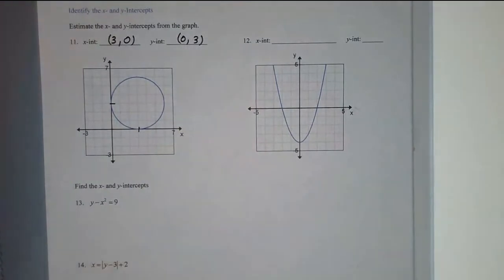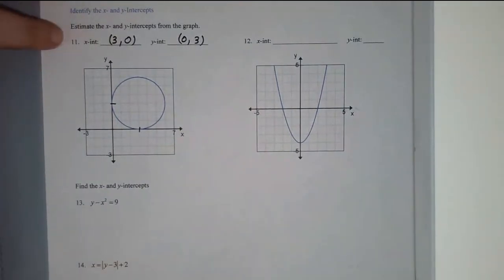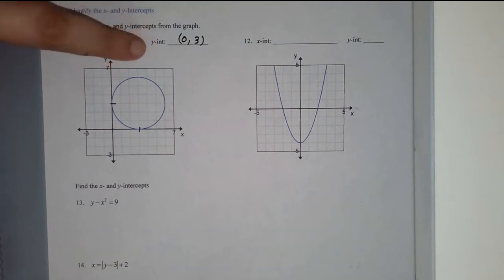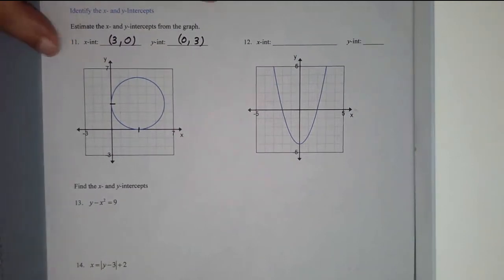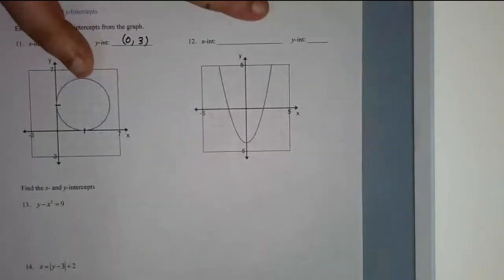So it's 0, 3. So notice that when we're dealing with the x-intercept, y is 0. And when we're dealing with the y-intercept, x is going to be 0. And that's always. Otherwise, it's not going to touch the axis, right? So for the x-intercept, y is 0. For the y-intercept, x is 0. So for each of them, the other one is 0.